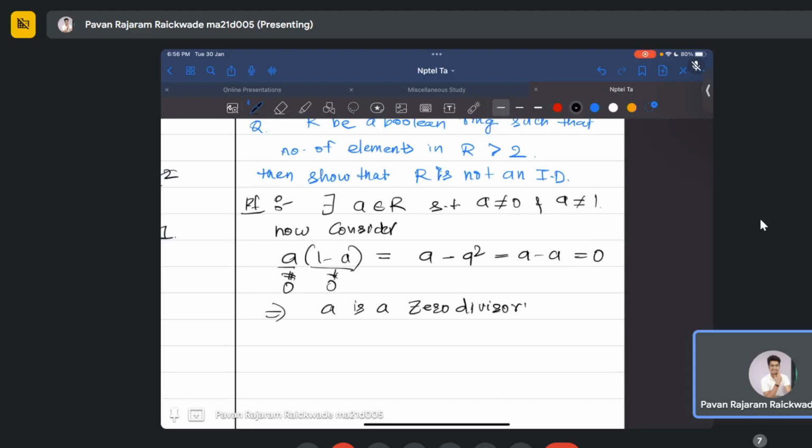So, can you give an example of an infinite Boolean ring?